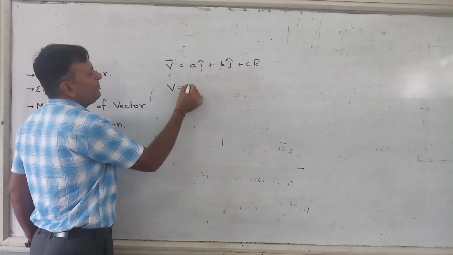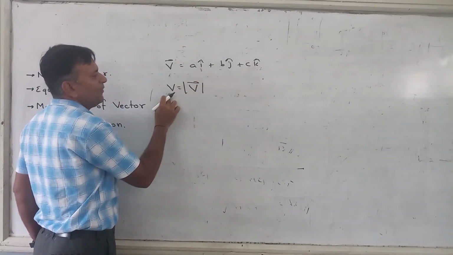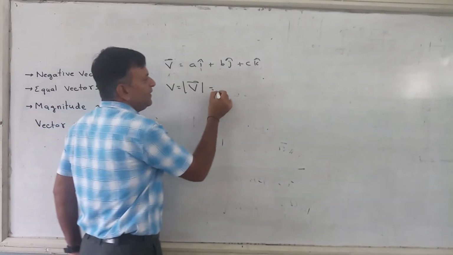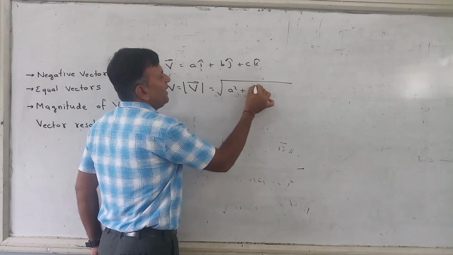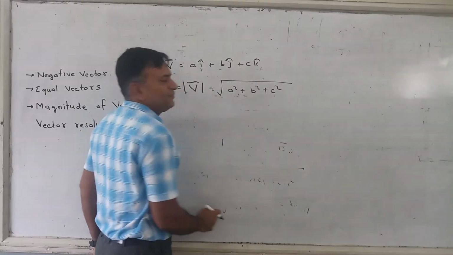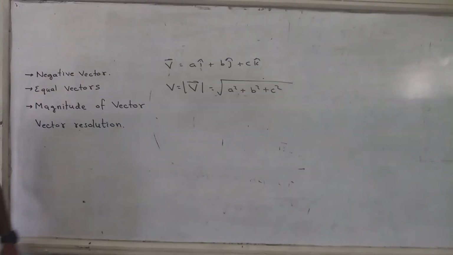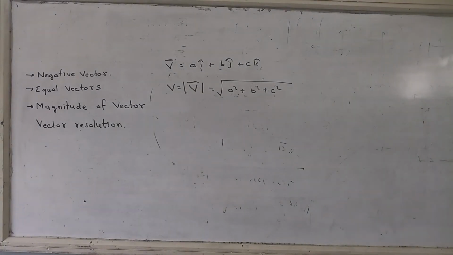The magnitude of V can be written like this or like this, which equals the square root of a square plus b square plus c square. So using this very simple formula, you can find the magnitude of a vector quantity.